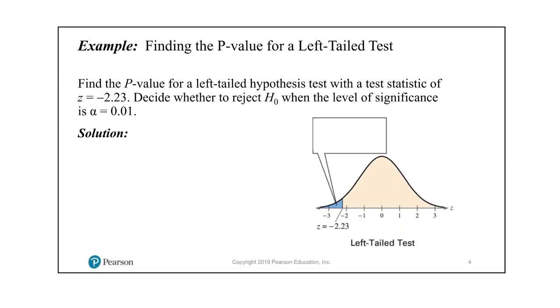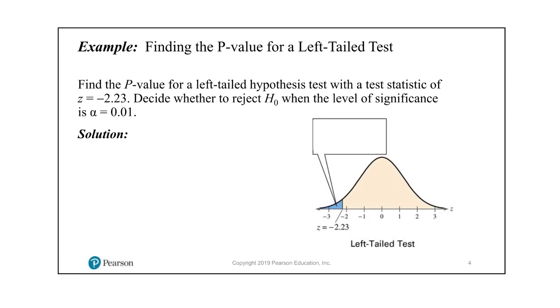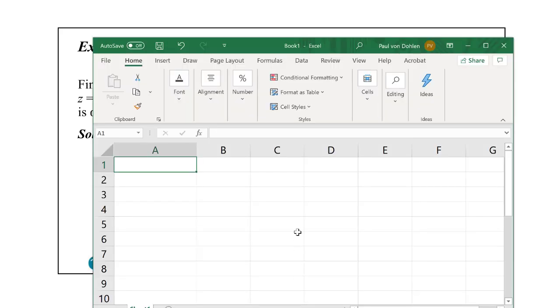So let's look at an example. Find the p-value for the left-tailed hypothesis test with the test statistic of z equals -2.23. Decide whether to reject H0 when the level of significance is alpha equals 0.01. Okay, so we have to find the area corresponding to z equals -2.23. To do that, let's bring in Excel here.